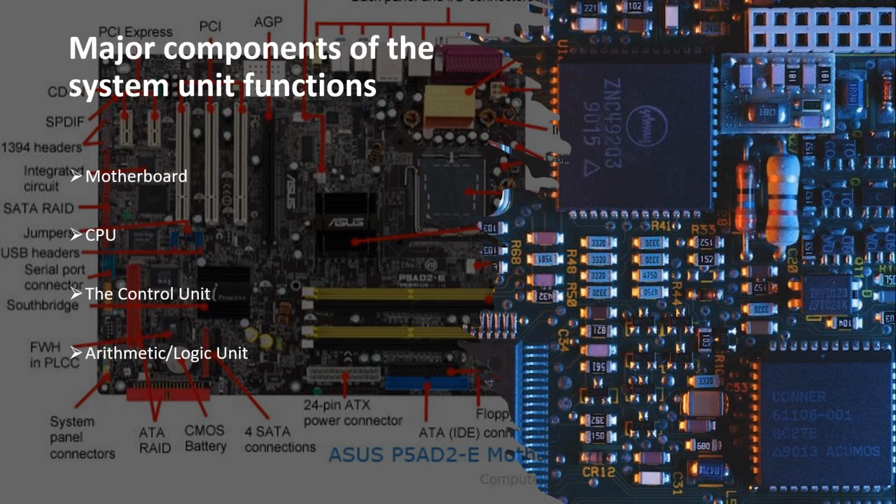On your right, that system unit is the newer version that you will find in most computers today. The major components in the system unit are motherboards, CPUs, the control unit, and the arithmetic logic unit.